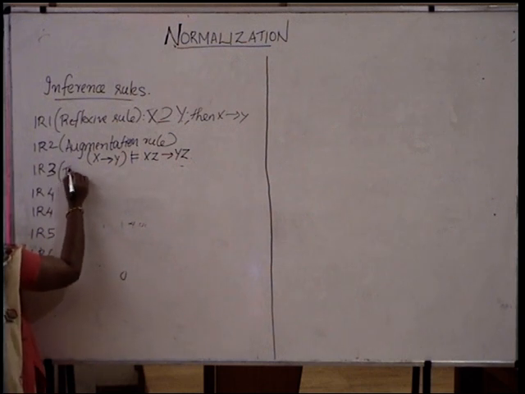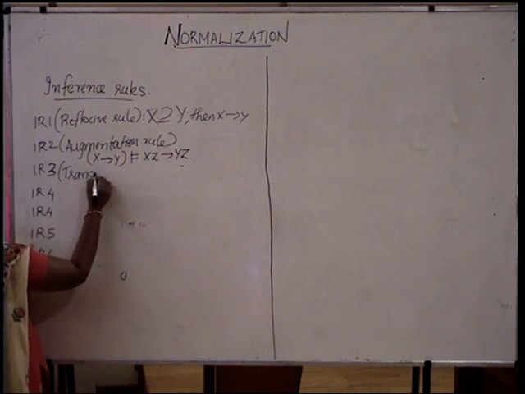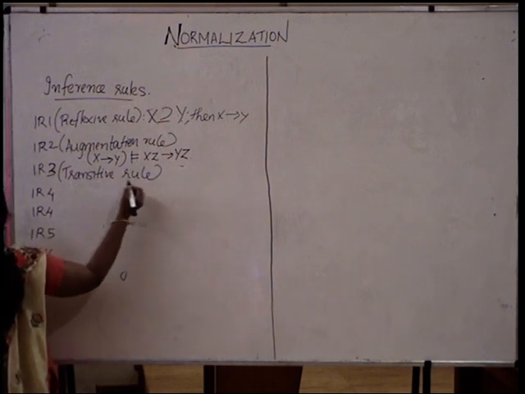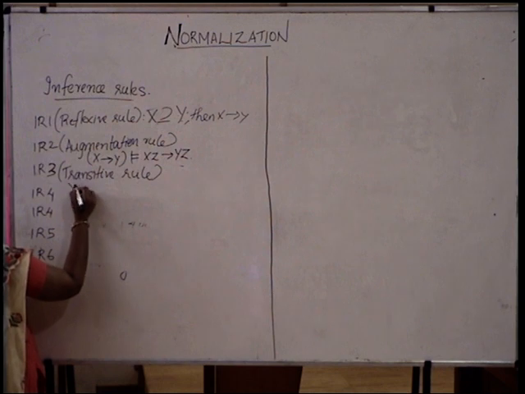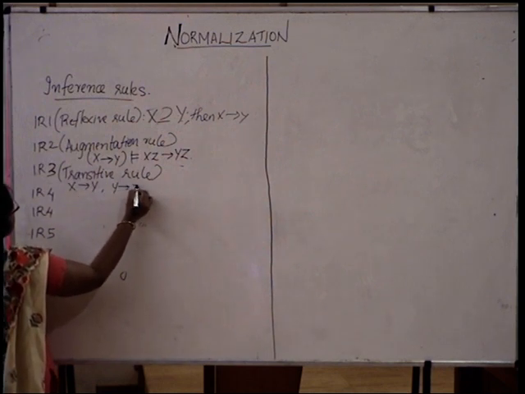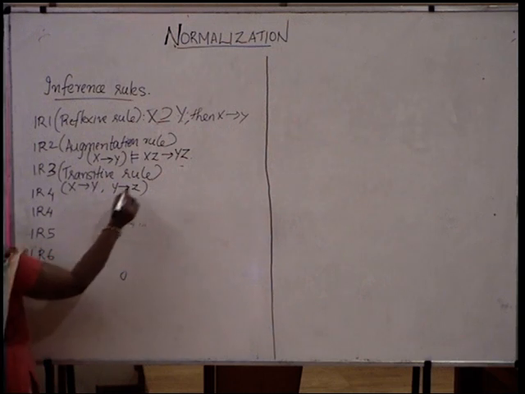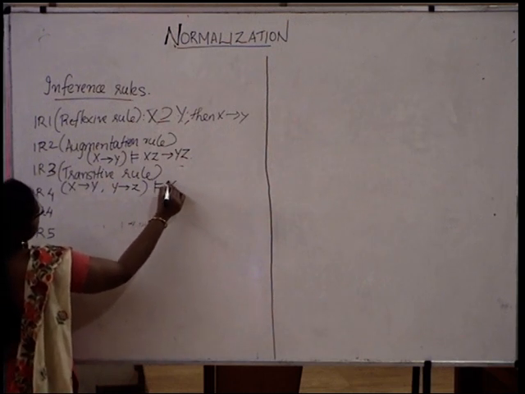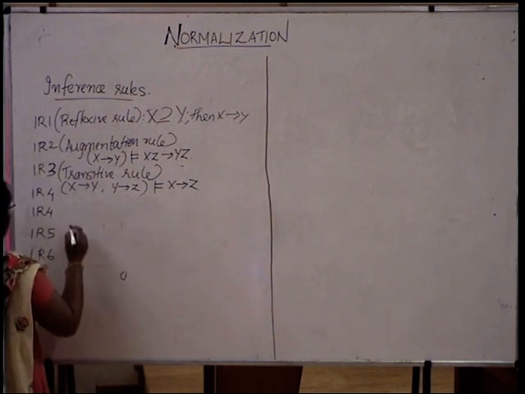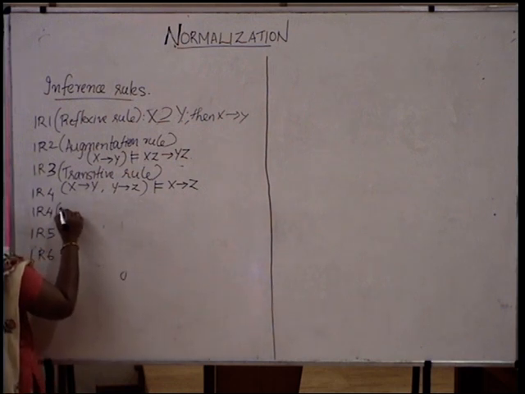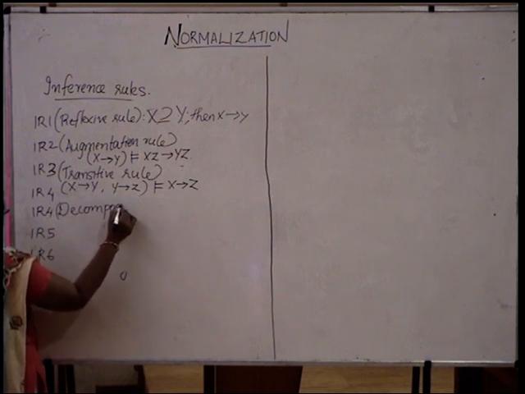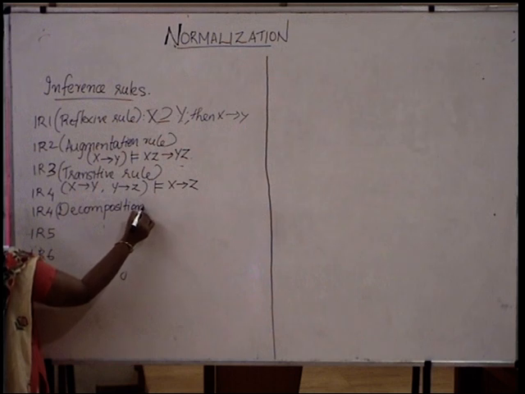IR3 is transitive rule. X implies Y, comma, Y implies Z is there. This indicates X implies Z. IR4 is decomposition rule.